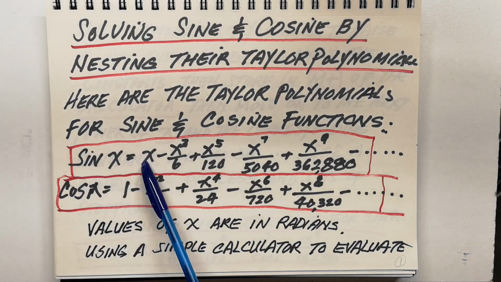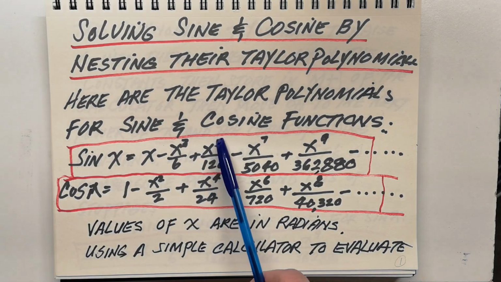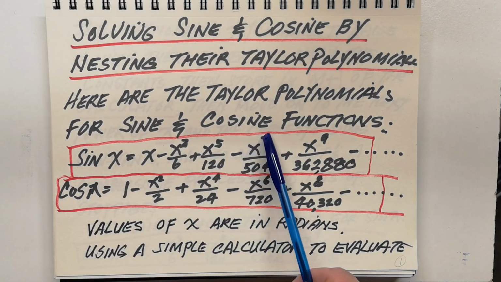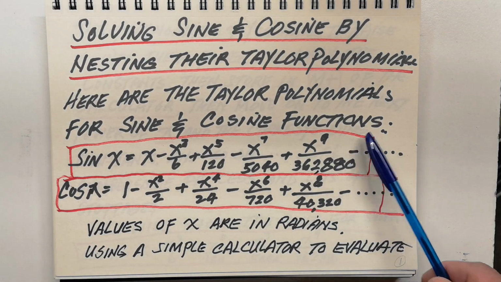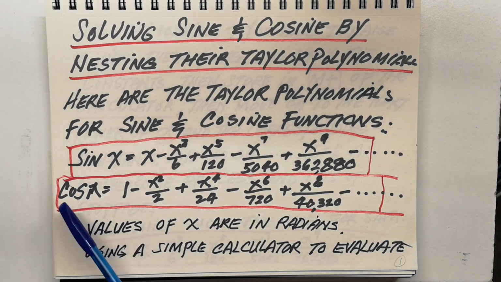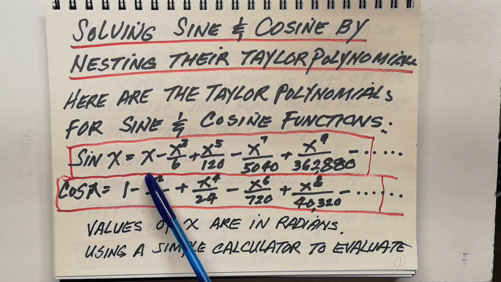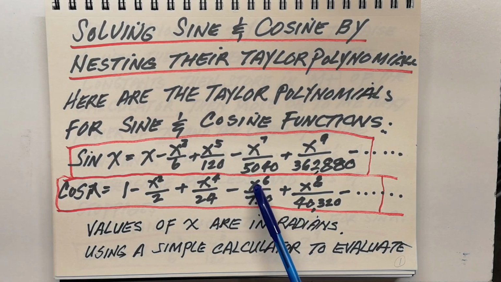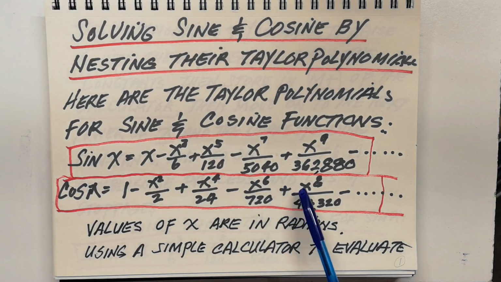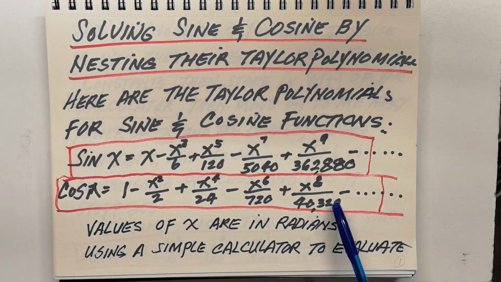Sine x equals x minus x cubed over 6 plus x fifth over 120 minus x to the 7th over 5040 plus x to the 9th over 362,880, etc. Same thing with cosine, equals 1 minus x squared over 2 plus x to the 4th over 24 minus x to the 6th over 720 plus x to the 8th over 40,320 minus etc. The values of x are in radians.